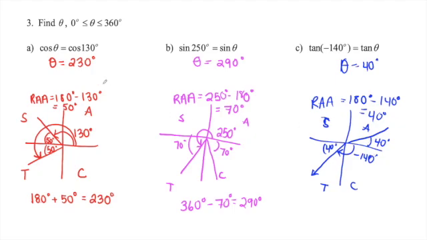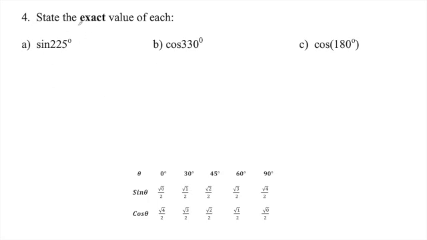Okay. Another type of example is finding the exact value. As soon as you see that exact value, you know that you need to use your chart that you have memorized. So your first step is going to be to find your related acute angle. So 225 degrees, draw that out.